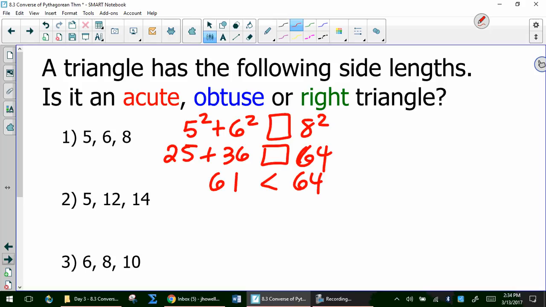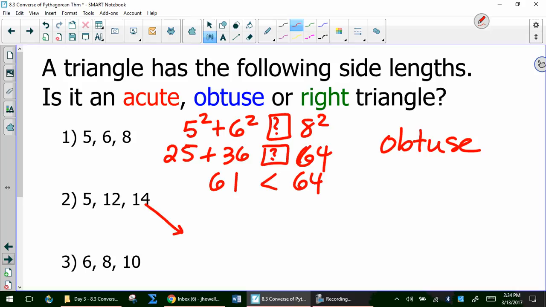So look back at your notes, think about what it is. Okay, we have what kind of a triangle here? We have an obtuse triangle, because your c squared is greater than your a squared plus b squared.